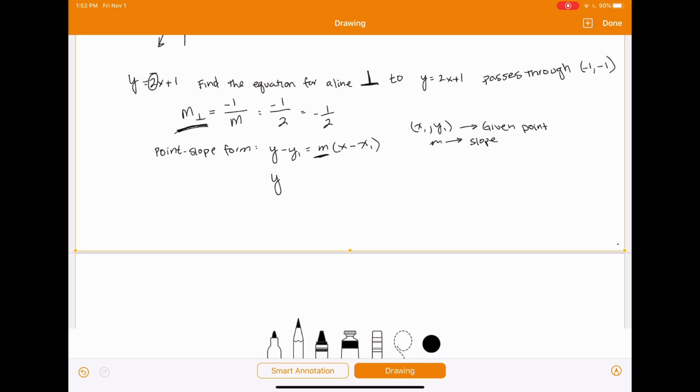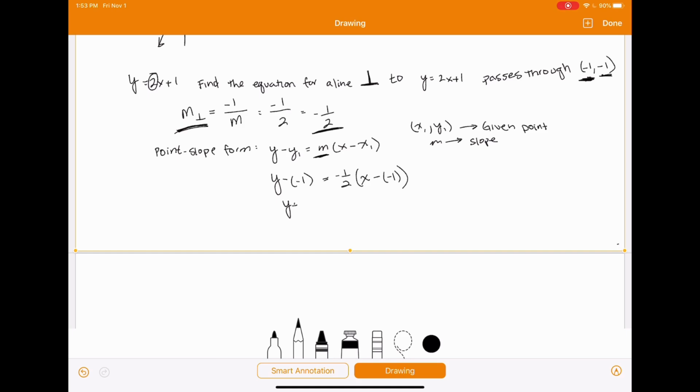So y minus -1, pulled from right here, that's our y1, equals m, which is -1/2, times x minus x1, which we pull from up here, which is -1. All right, and then we can just simplify this down.